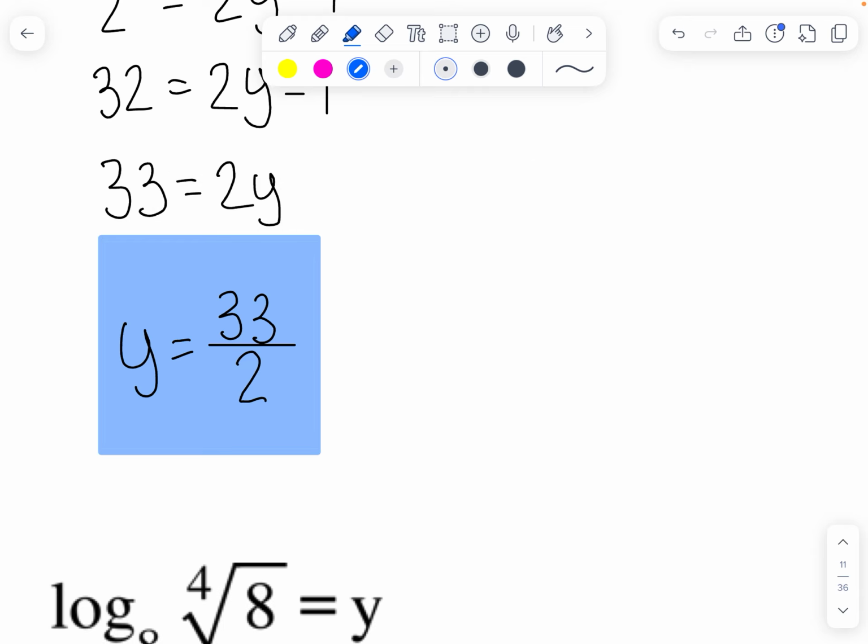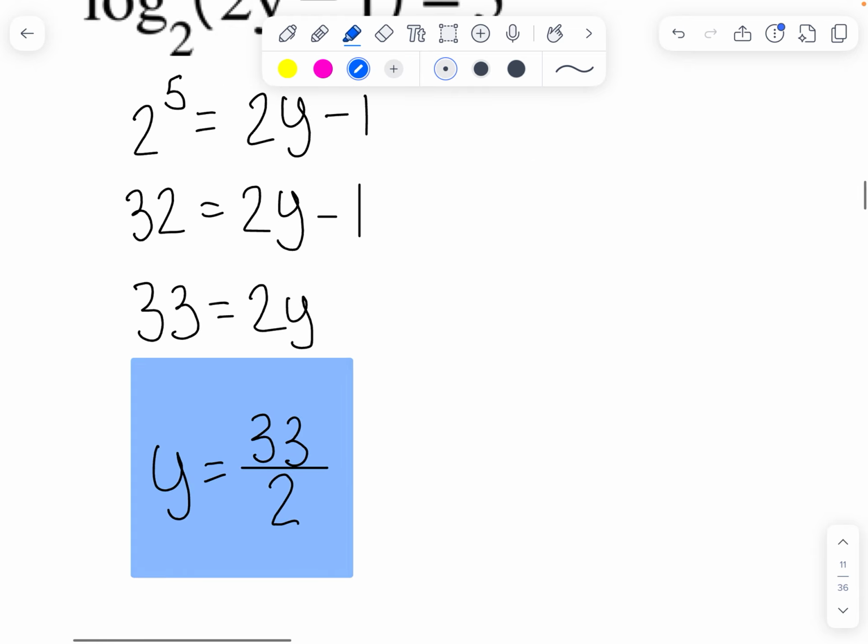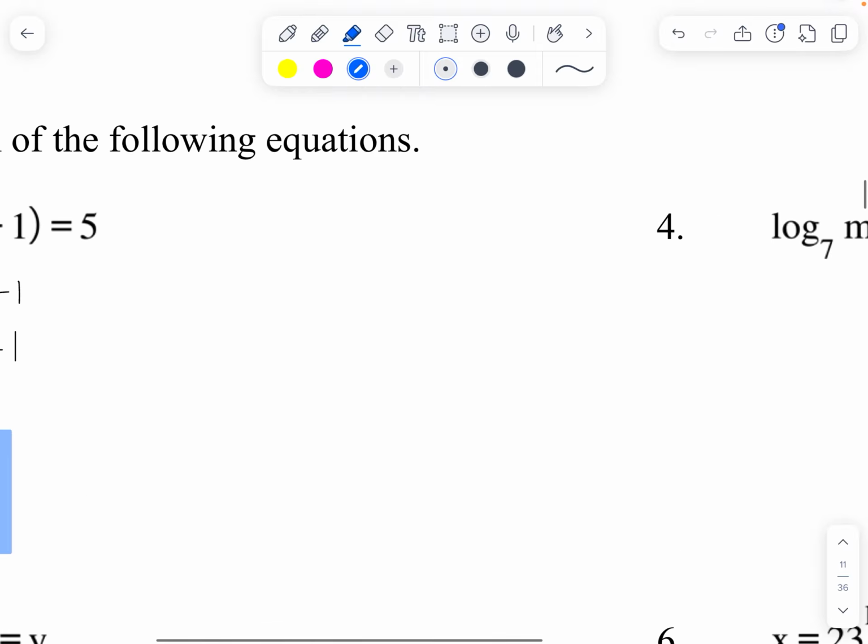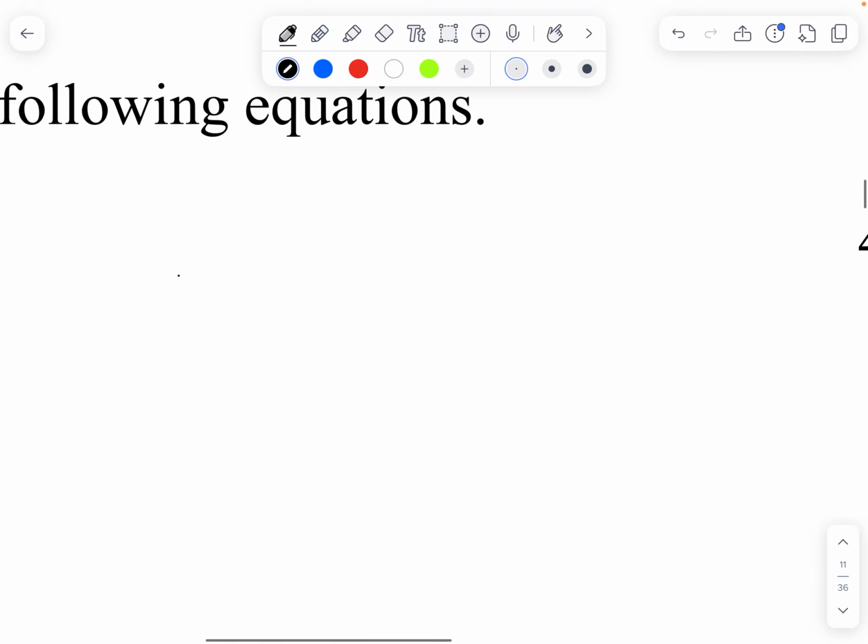On to the next question. Wait, first let's write down what our techniques are.